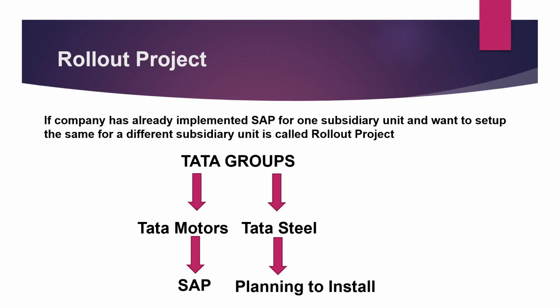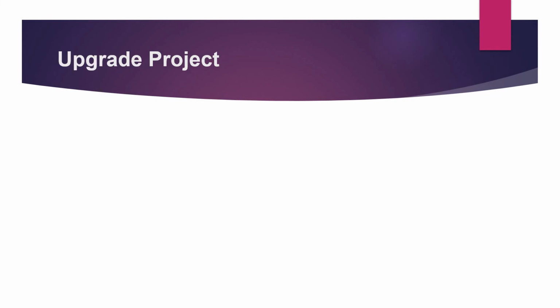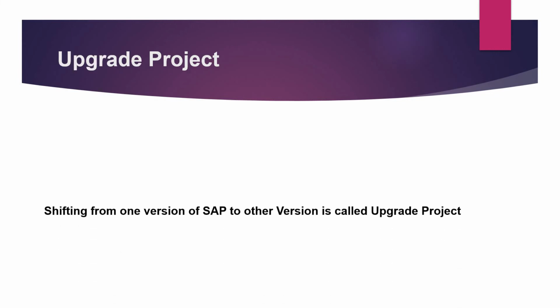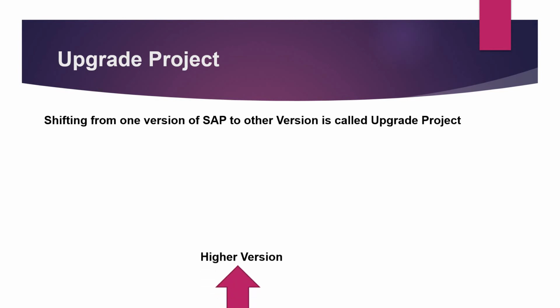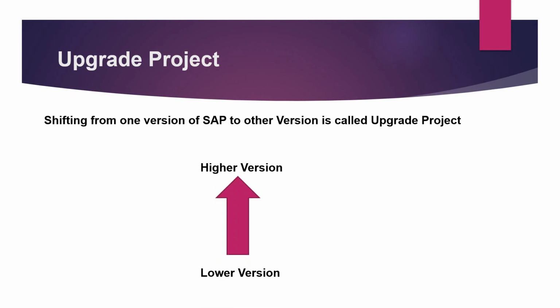Now coming on to another project, the upgrade project. So what do you mean by the upgrade project? In SAP there are different versions. For example, ECC, which is the older version, and the newer version, S4 HANA. However, even today most companies are practicing their business processes in the older version, that is ECC.